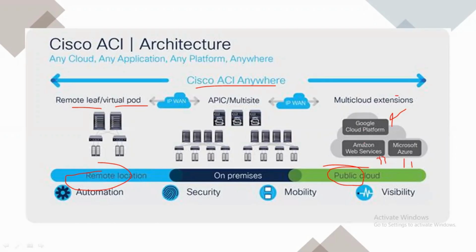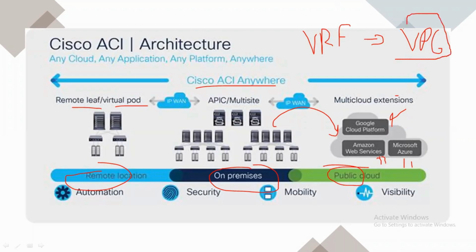So all the policies which you have in your on-premises data center, the same policy you can put into the Google Cloud, right? So for example, we call it a VRF, which is a VPC for a cloud.